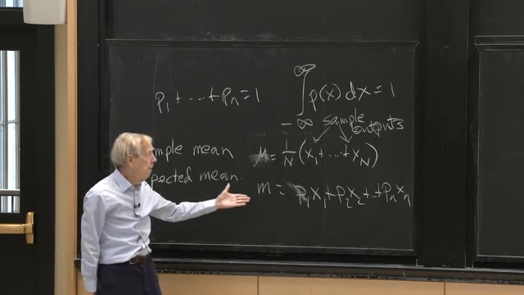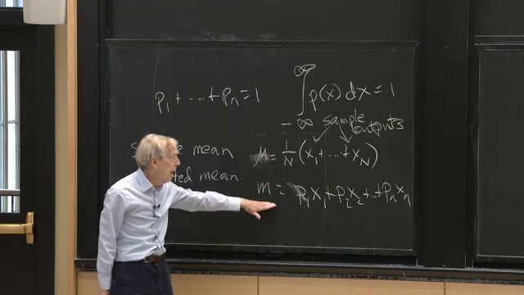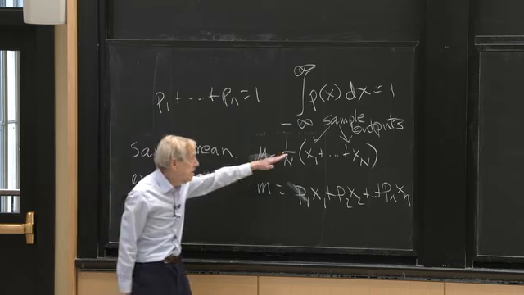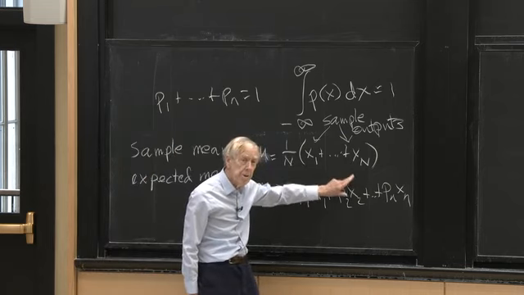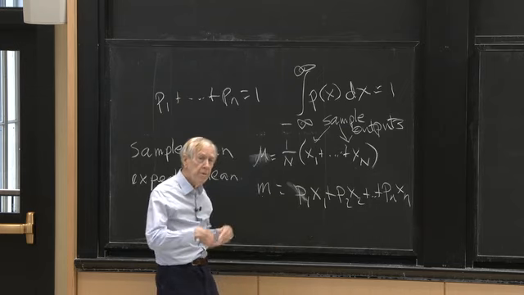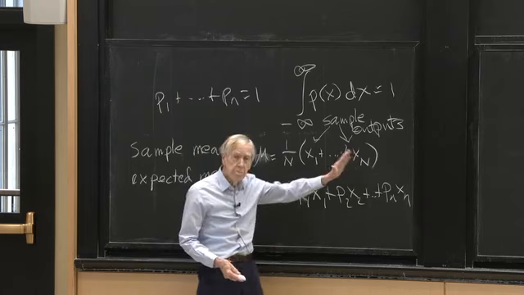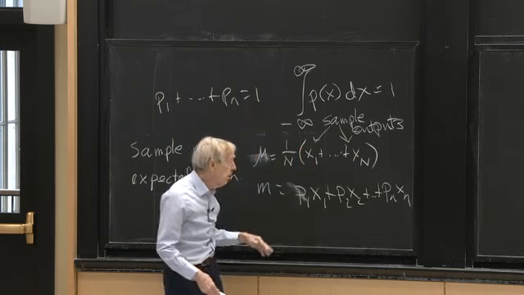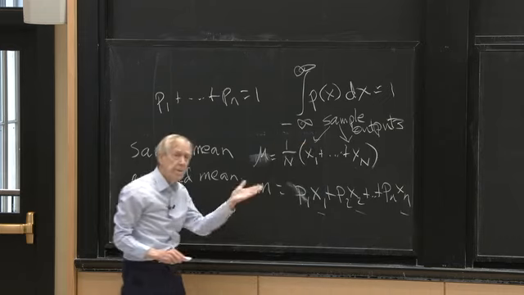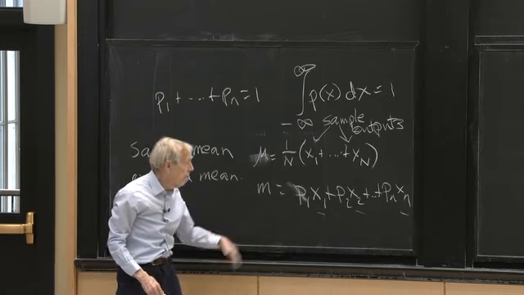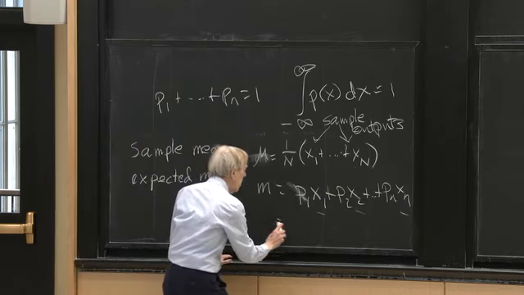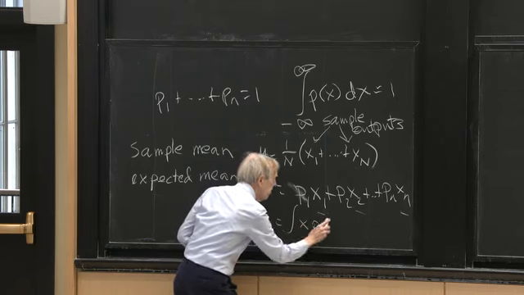So the sample mean will approach that with probability 1 as this number, capital N, grows. Notice the difference. Capital N here is the number of samples, the number of trials, and it gets big. We keep doing things more and more. This little n is the number of possible different outputs with their probabilities, and there you see it. And of course, in the continuous case, we would take the integral of x p of x dx.